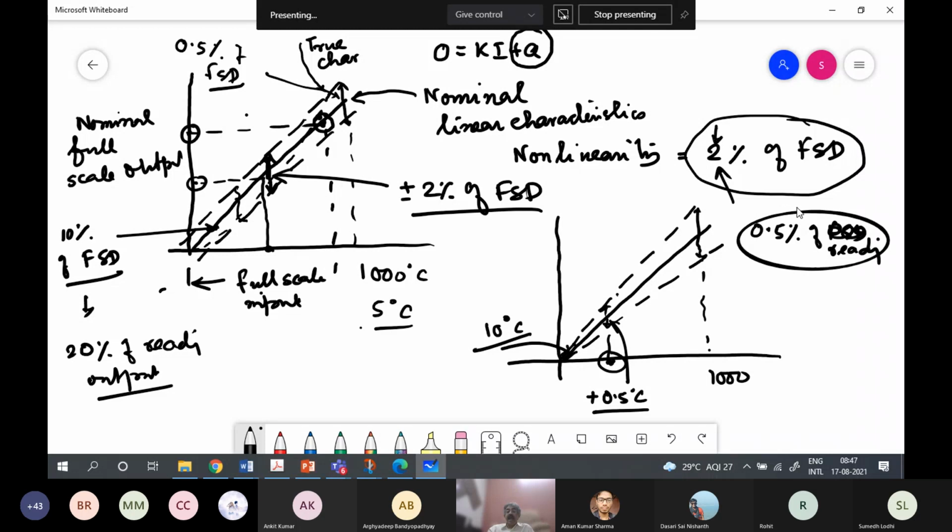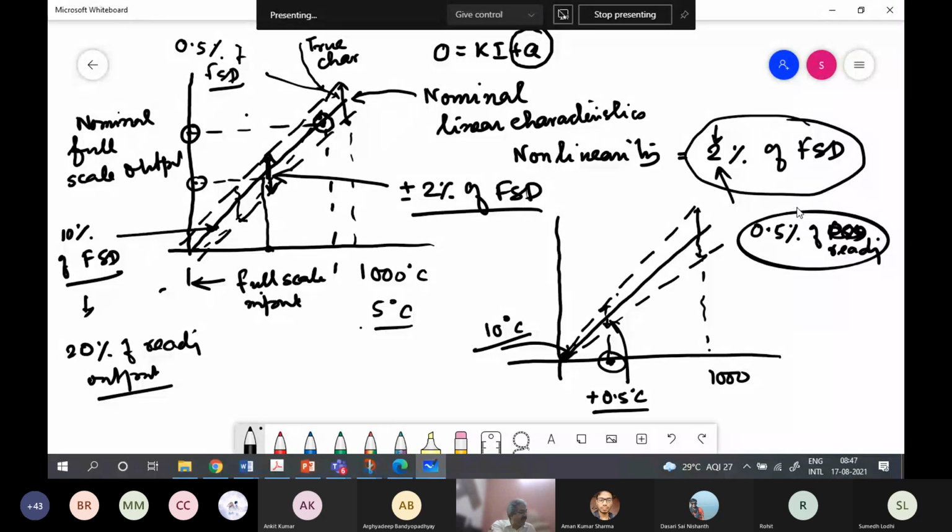It may not be, because then I need a 0.05 degree error. I may not be able to achieve it because there are interfering inputs. So if I am not able to achieve it, I must not put it in my specification data sheet, because then I'm misleading my customer. I cannot guarantee 0.05 degrees centigrade of error, and I'm trying to put in such a value.